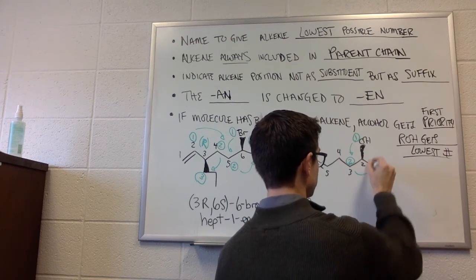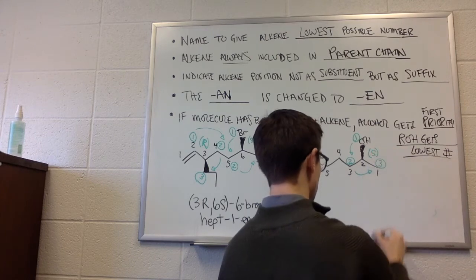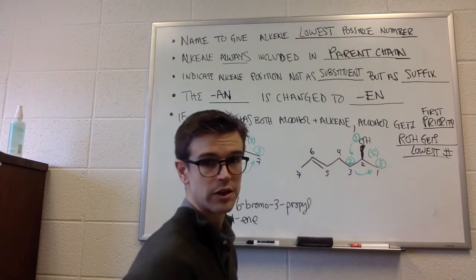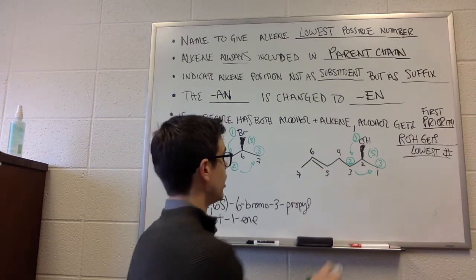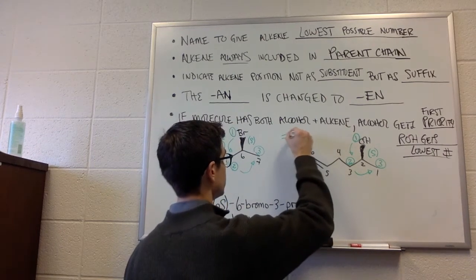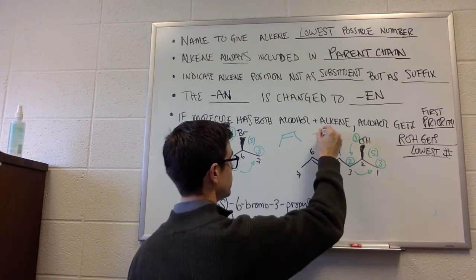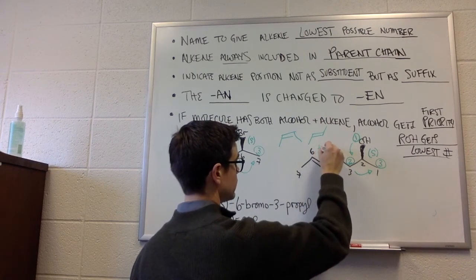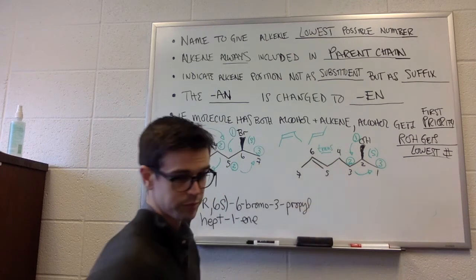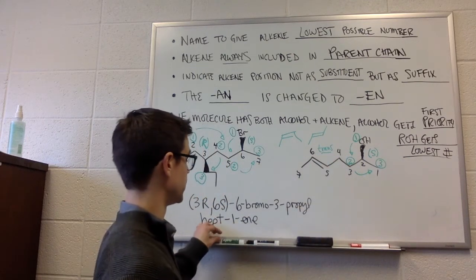That's counterclockwise, so this is S. What's our other stereochemistry element? Our other stereochemistry element is the alkene. Alkenes can either be cis or trans. This is trans.